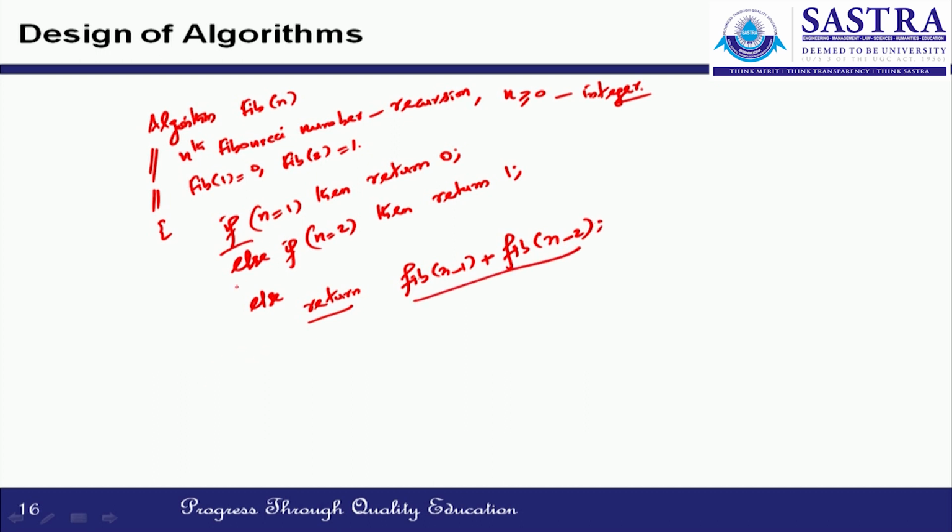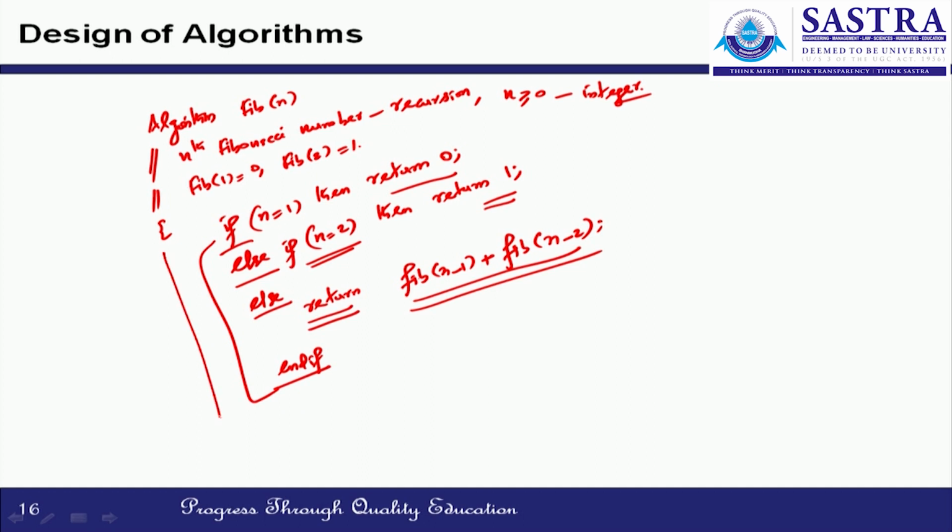If n is equal to 1, the statement to be executed is return 0. Else if n is equal to 2, the value to be returned is 1. Else return this expression, fib of n minus 1 plus fib of n minus 2. End if, closing curly brace. This is the end of fib of n.